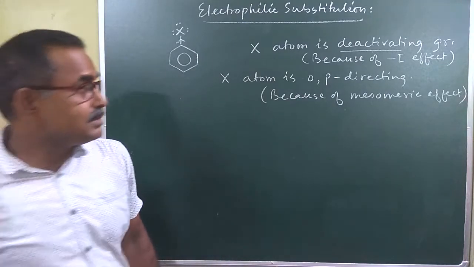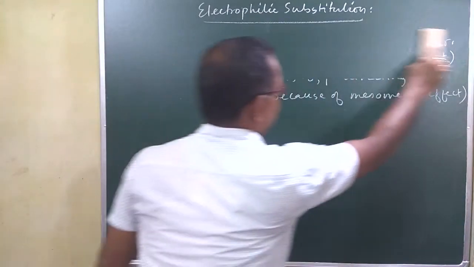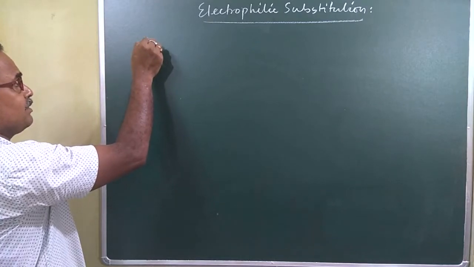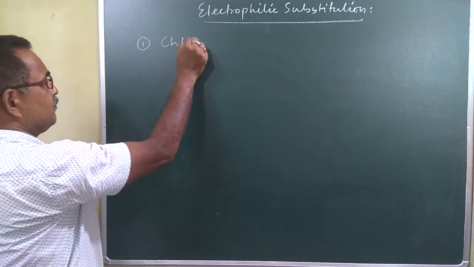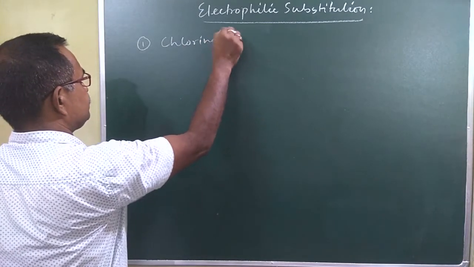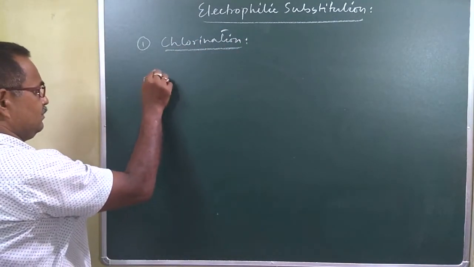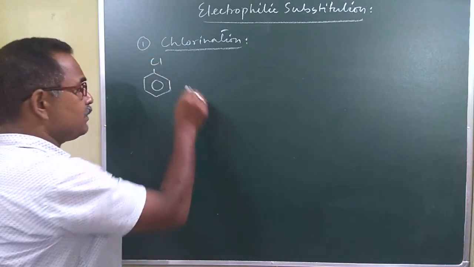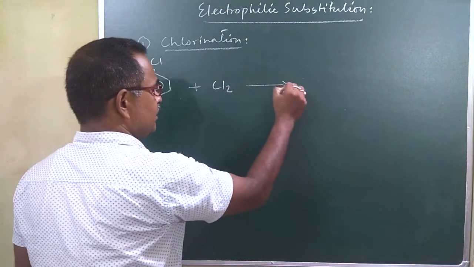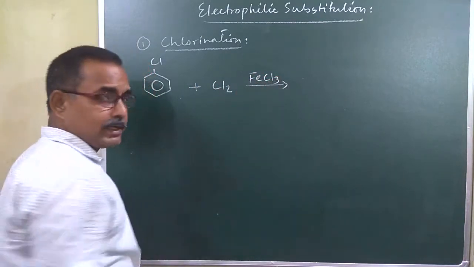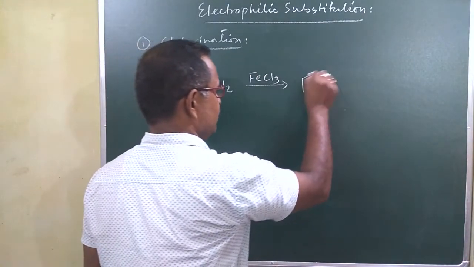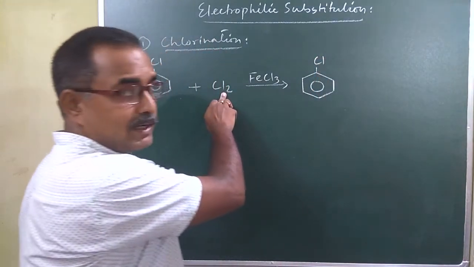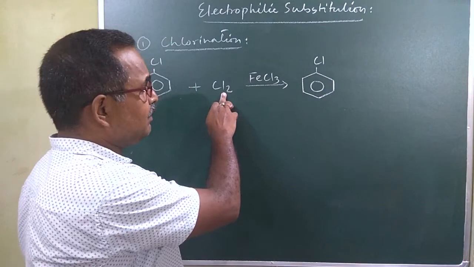Okay, let us now discuss some electrophilic substitution of haloarenes. Say chlorination. Consider chlorobenzene. This is chlorobenzene. If you treat chlorobenzene with chlorine in presence of ferric chloride catalyst, then the incoming electrophile is Cl plus, chloronium ion.